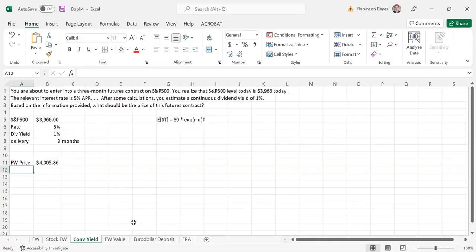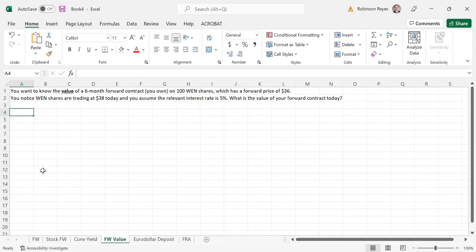Now, let's go to another quick problem on forward contracts, but now we are interested in finding the value. When we're looking at the value of a forward contract, basically, you buy, quote unquote, you're not paying money for that, but you're buying.